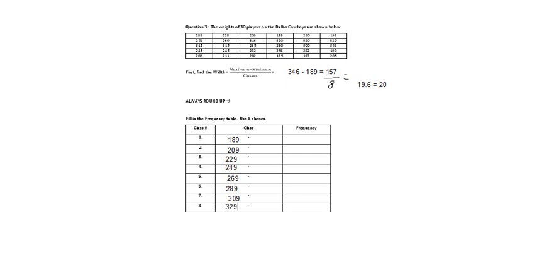All right, excellent. Well, I see that the second class starts with 209. So by default, that means the first class must end with 208. And then I'll keep adding 20 to that. So next is 228. Then 248.